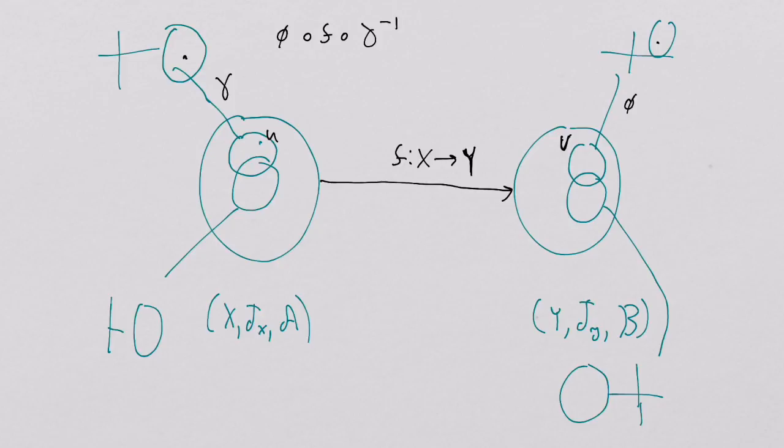Gamma inverse composed with f, composed with phi. And once I've done that, this is a map between R^d and R^b, where the dimension of Y is equal to b, and the dimension of X is equal to d.